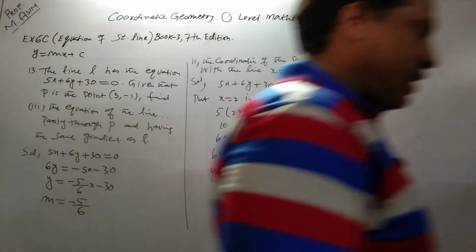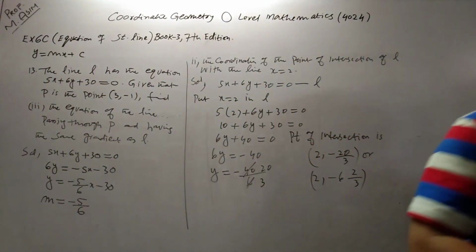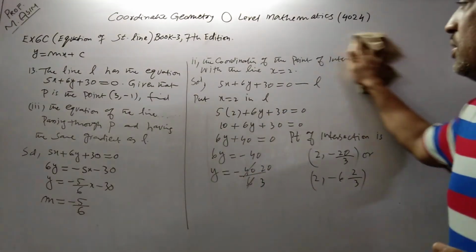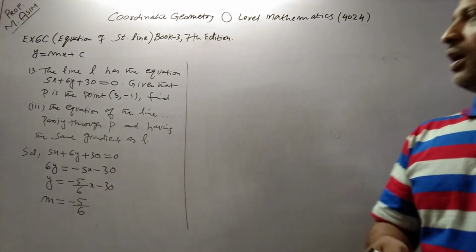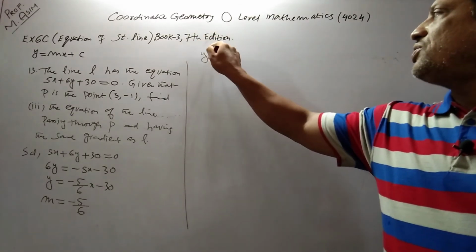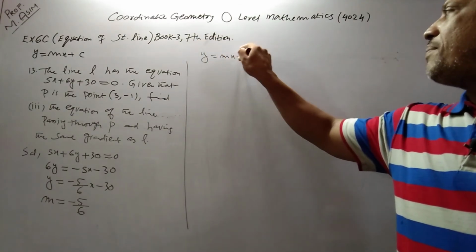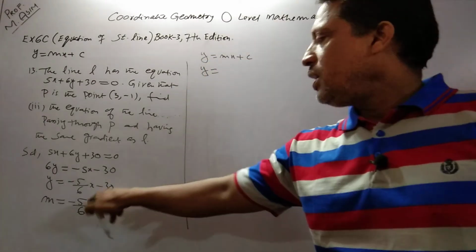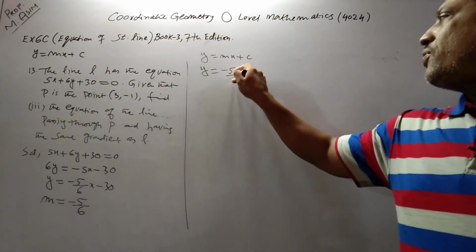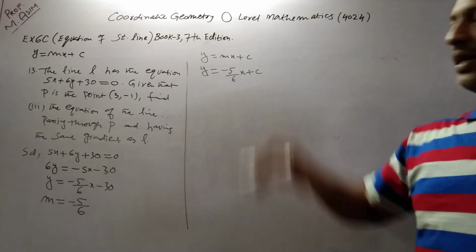So y is made the subject of the given formula. Now taking the standard equation, y is equal to mx plus c. What is our m? Minus 5 over 6 x plus c.